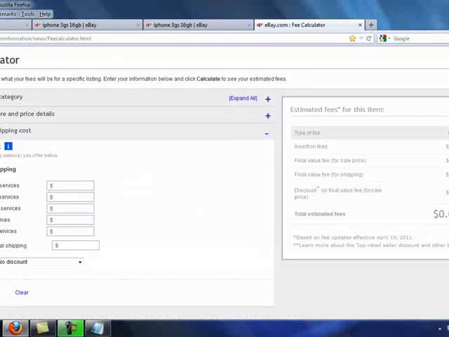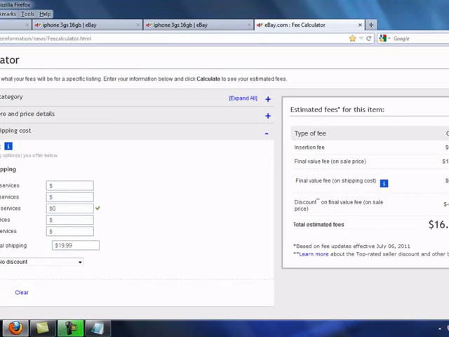Let's do next. Now, shipping costs. Remember I said I ship Priority Mail, USPS, United States Postal Service, in the small box, and that's going to be $0. And international, I'm saying $19.99. I click calculate. So $16.45 are my eBay fees.